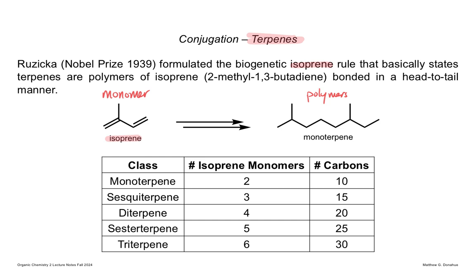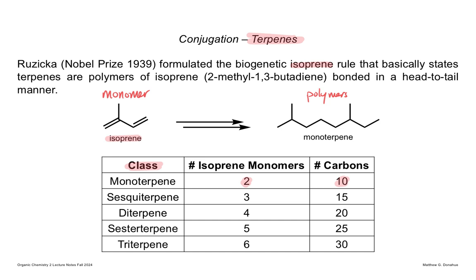So you have 5 carbons, 5 plus 5 is 10, and then that gets down to these classes here of terpenes. So a monoterpene has 2 isoprene units, so it has 10 total carbons.